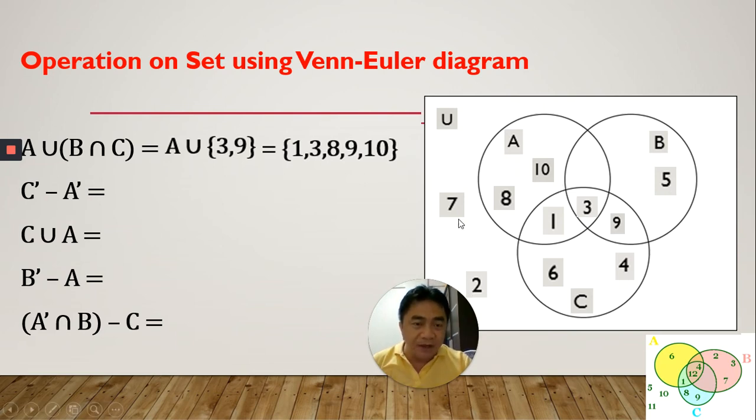So if C prime are the numbers here above, like this, and A prime are this, okay? So what are those elements of C prime which are A prime? And they are 5, 2, and 7.